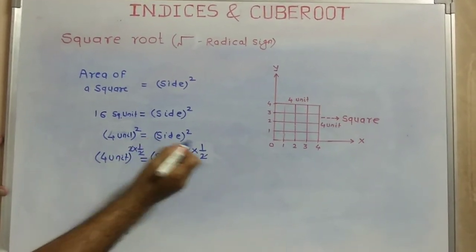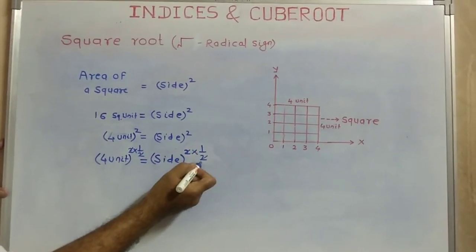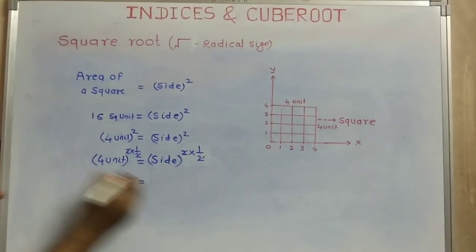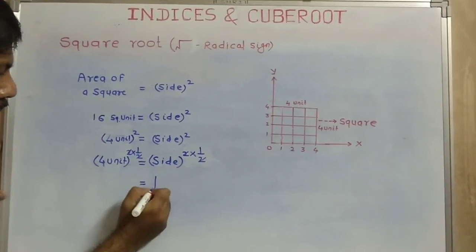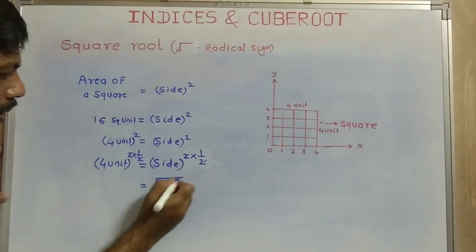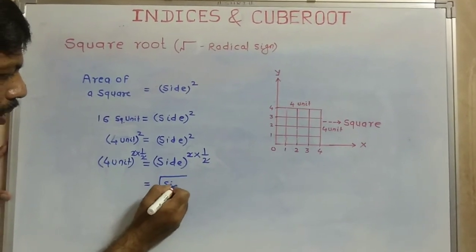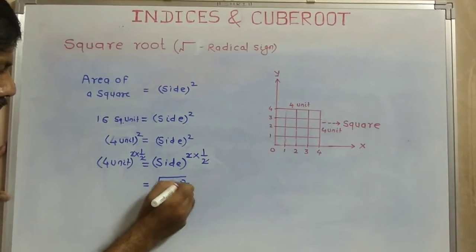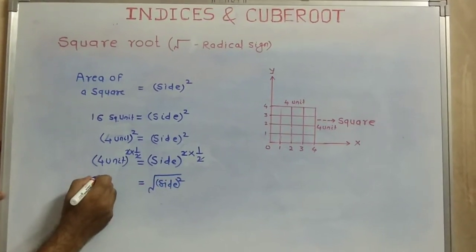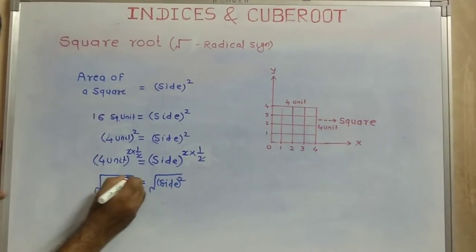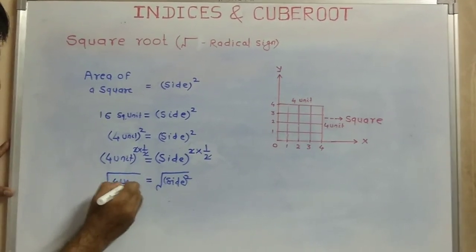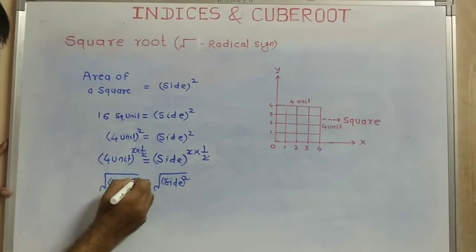Now, in place of this 1 by 2, I can also write square root of side square. And here also I can write square root of 4 unit square.